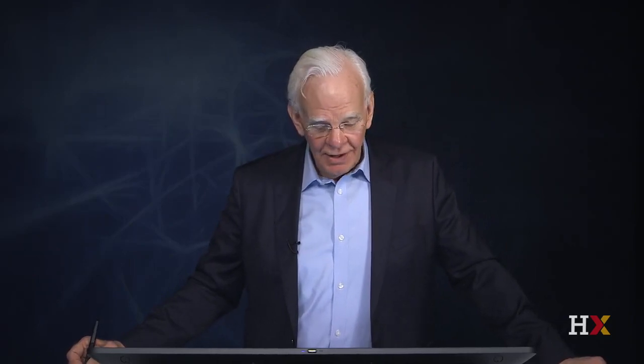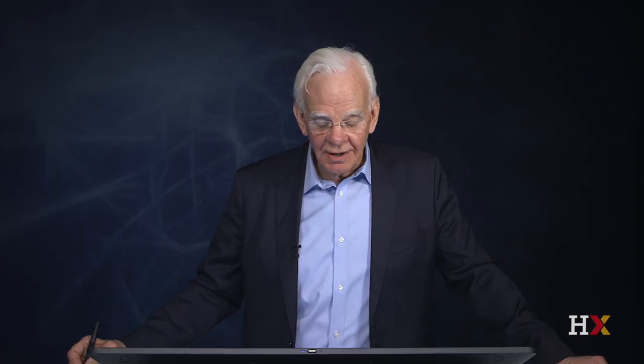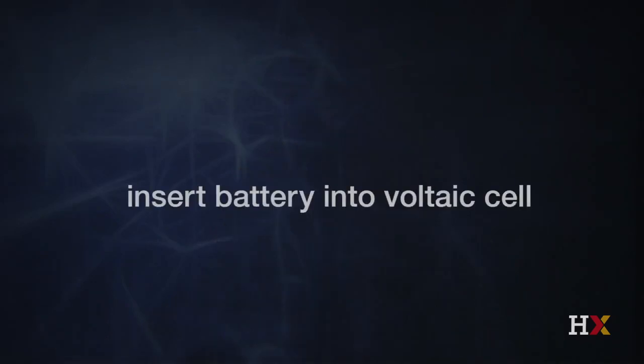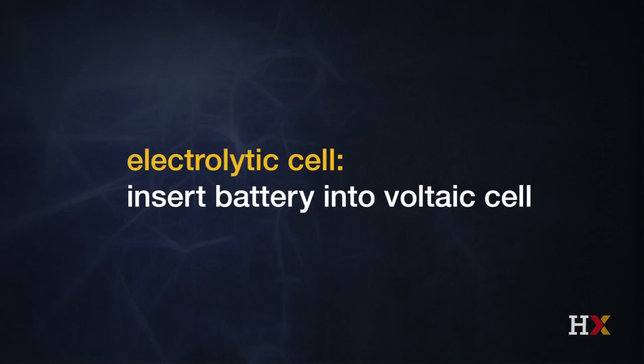So a spontaneous redox reaction releases energy, and we can, by virtue of those electrons flowing in the external circuit, do work, heat, cool buildings, light buildings, whatever we wish. But we also want to look at the chemistry of what happens when we apply a battery into the middle of this voltaic cell. That's what constitutes an electrolytic cell.